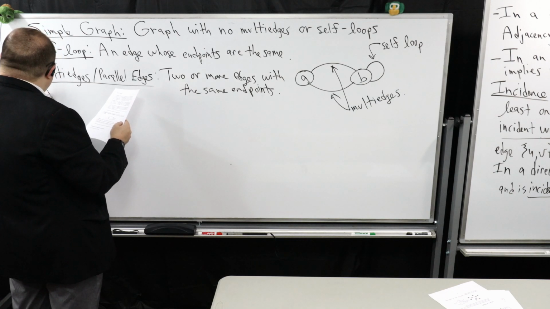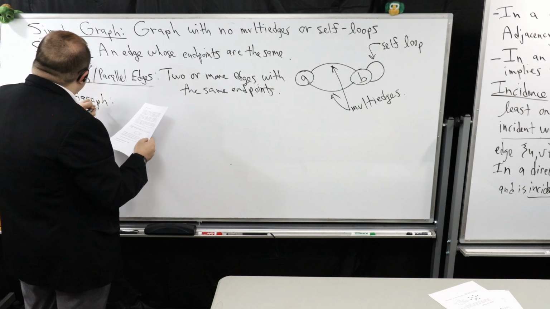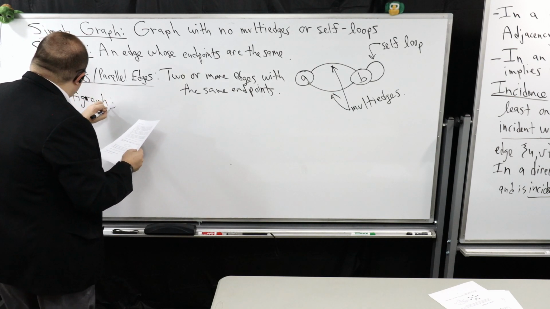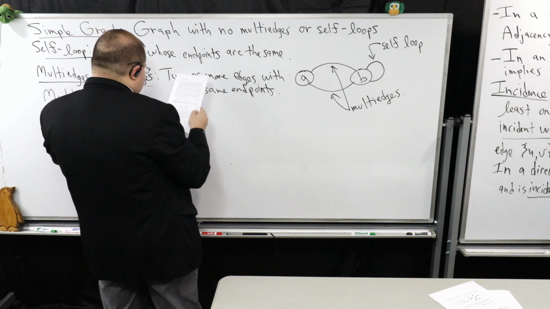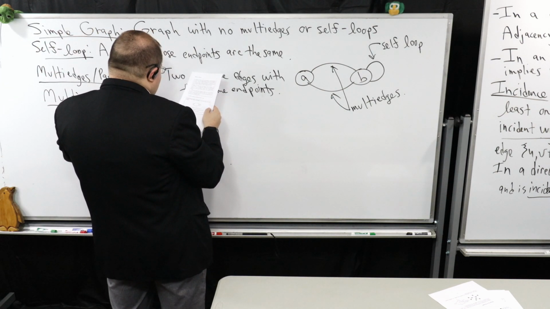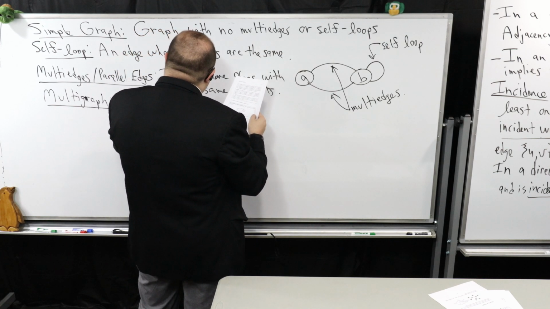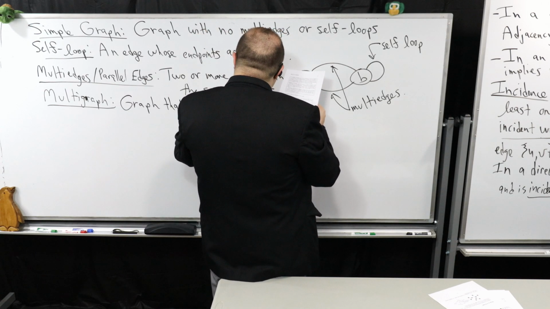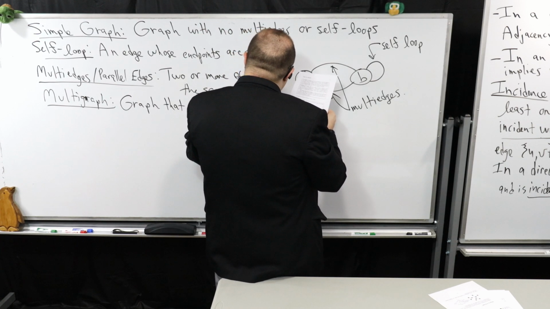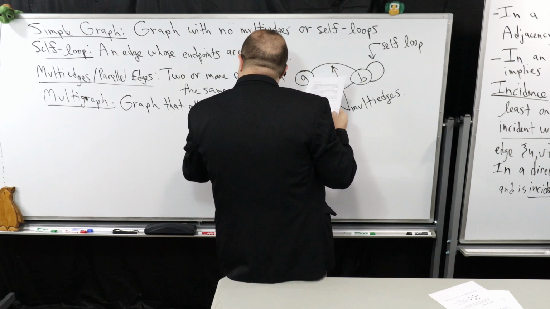And of course, that means I have to define what is called a multigraph, as opposed to just a graph. You might guess what the definition is. A multigraph is very simple. It's just a graph that allows multi-edges and self-loops.